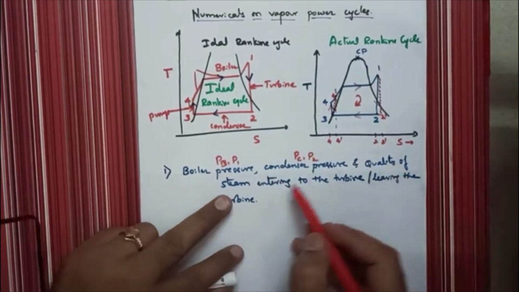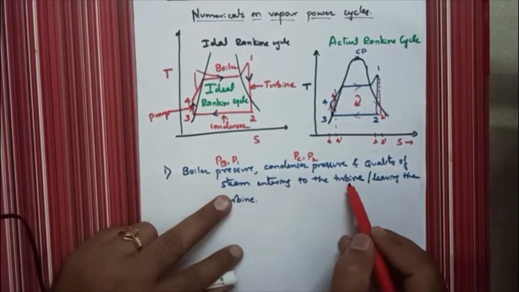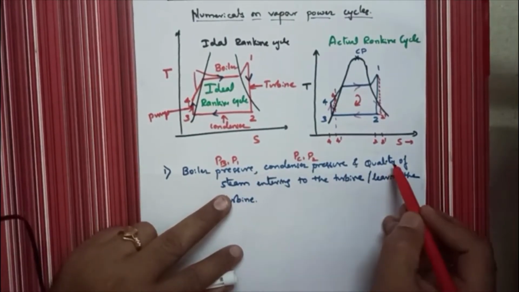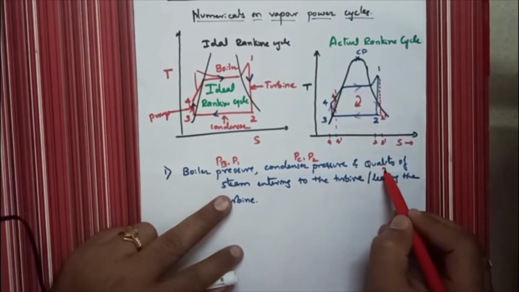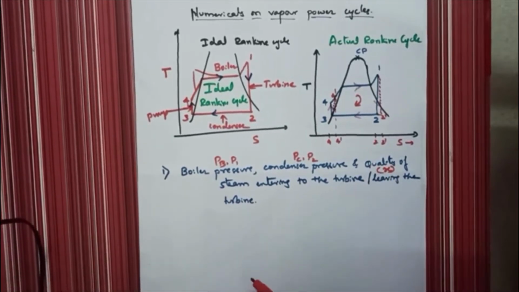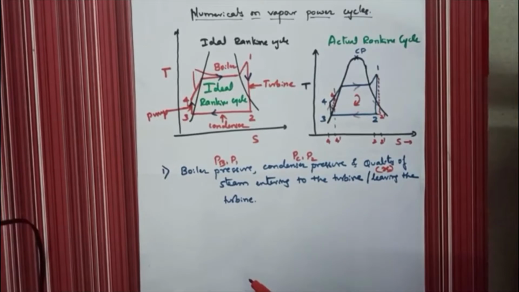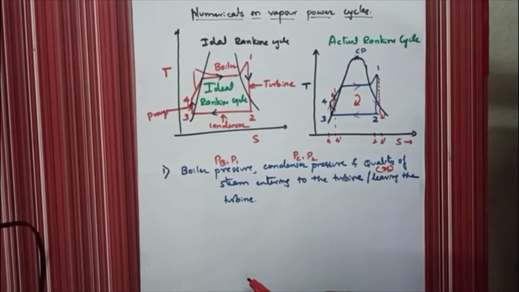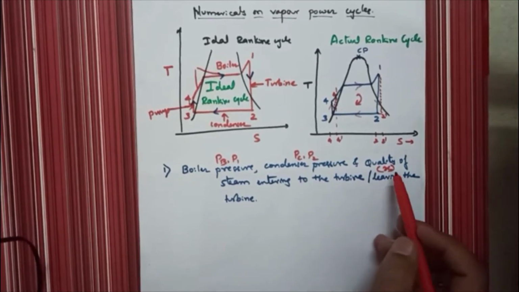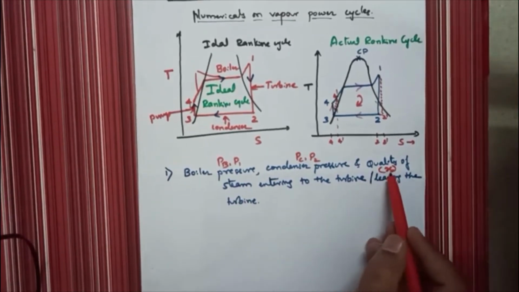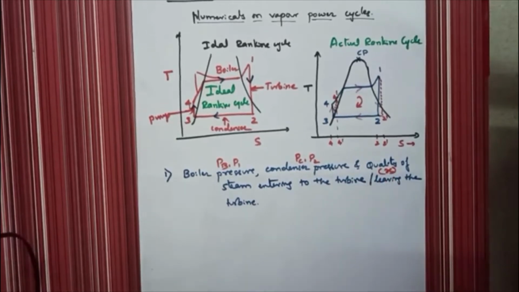The quality of steam entering the turbine is represented by X. Such problems you have studied in Elements of Mechanical Engineering in the first semester and in basic thermodynamics in the previous semester, that is, pure substance numericals. The quality of steam is represented by X, and the unit of X is 100 percent.